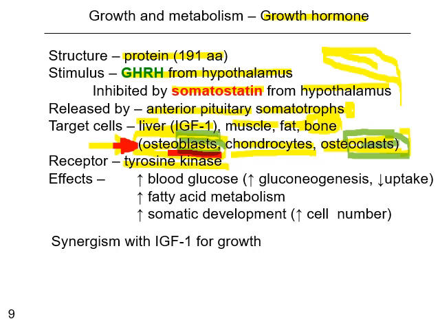So the effects of growth hormone, as we've been talking about, are increasing the number of cells, especially bone, but also increasing the cell numbers of muscle cells to help move that bone, and liver cells. And so there's just an increase in cell number in response to growth hormone.